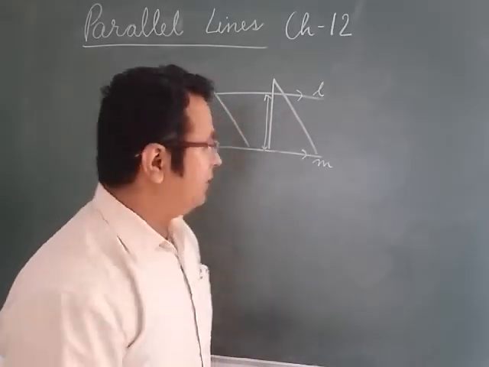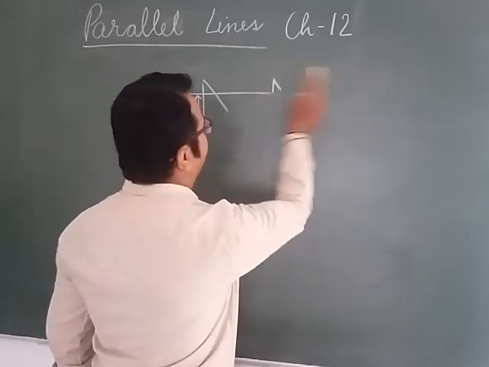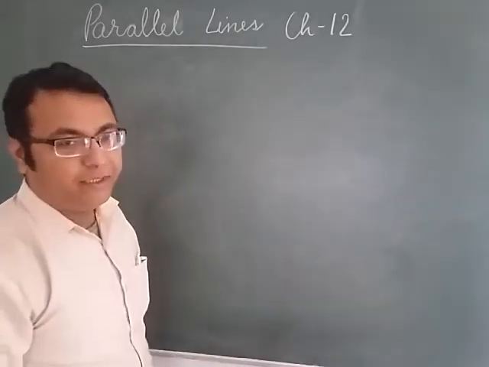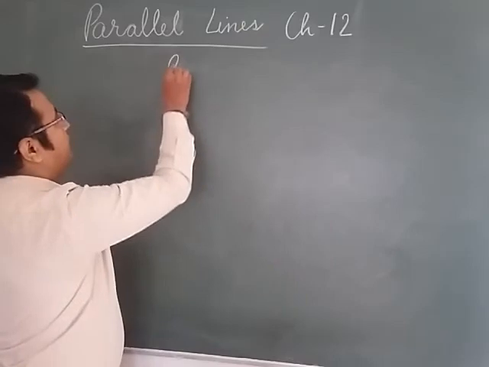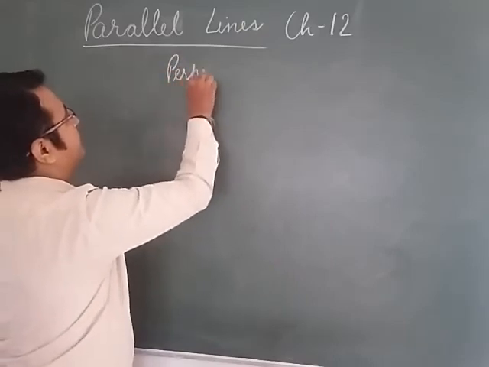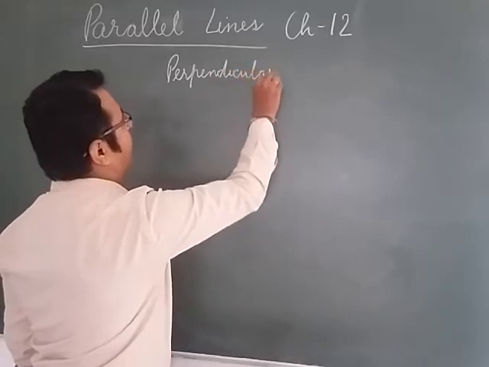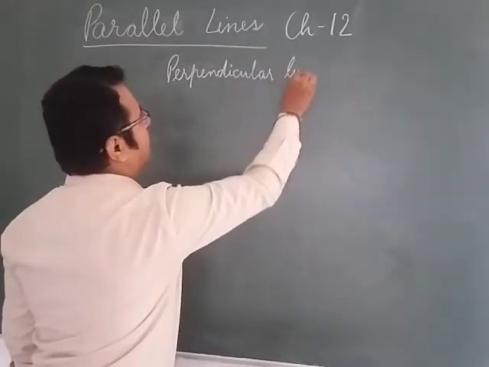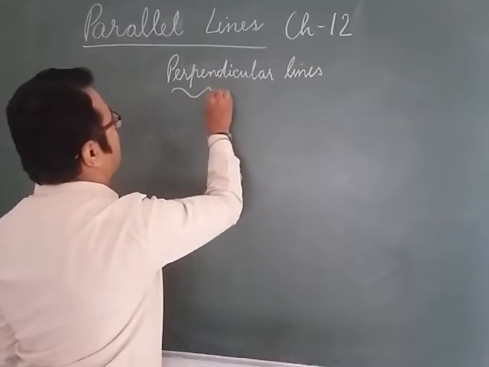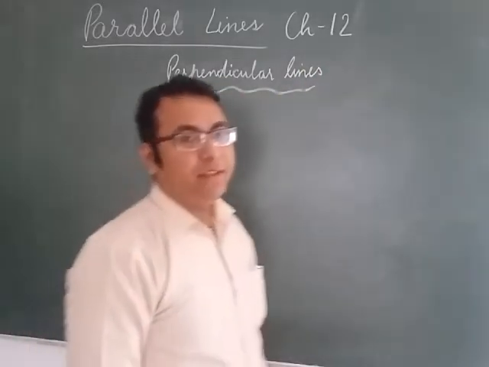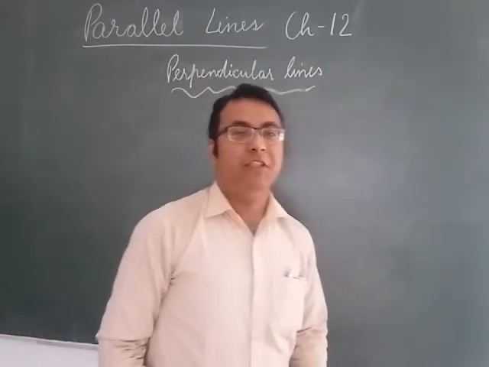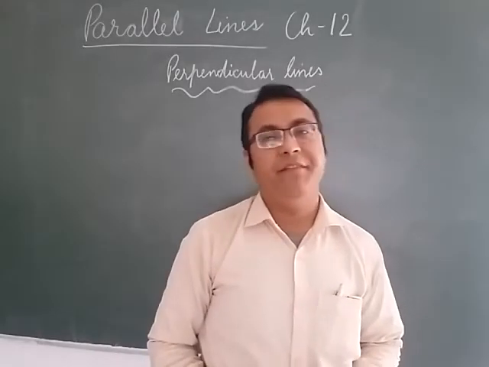Now let's come to next type of lines, that is perpendicular lines. Perpendicular lines are those lines which make an angle of 90 degree with each other.